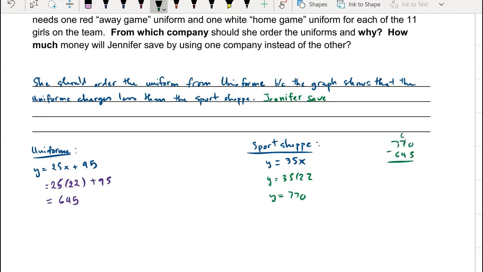So borrow 1, that gives you 6. 10 minus 5 is 5. 6 minus 4 is 2. Jennifer will save $125 by using the Unique For Me company.